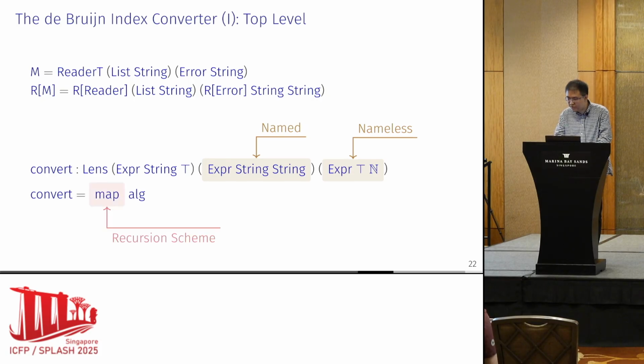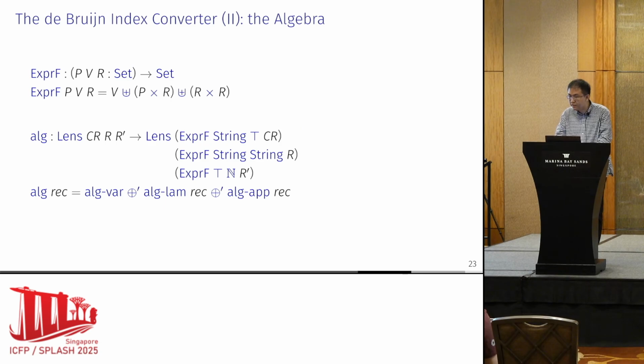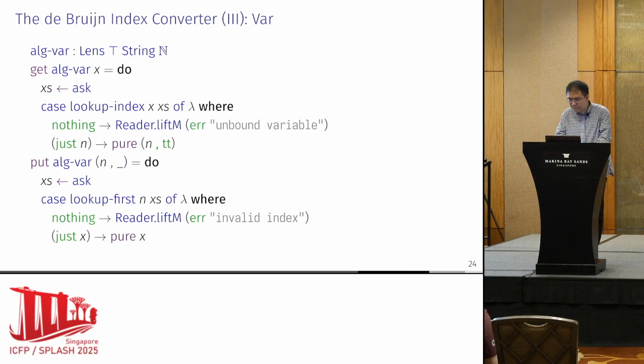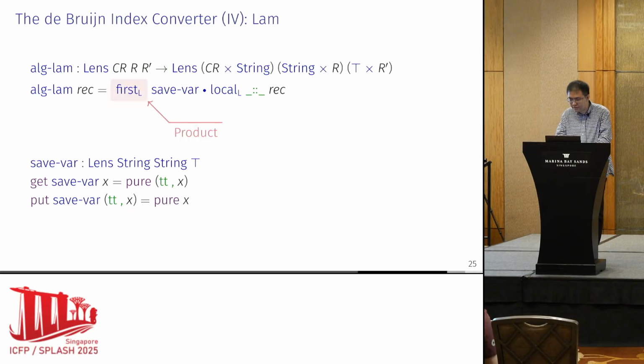And we use the recursion scheme here, so we get the algebra for the recursive conversion. And then we consider the algebra. As I have just said, it's in the sum of product structure. So we apply sums here to reduce it to 3 branches. And for each branch, we can define the lenses. So we can use other combinators in constructing these different branches.